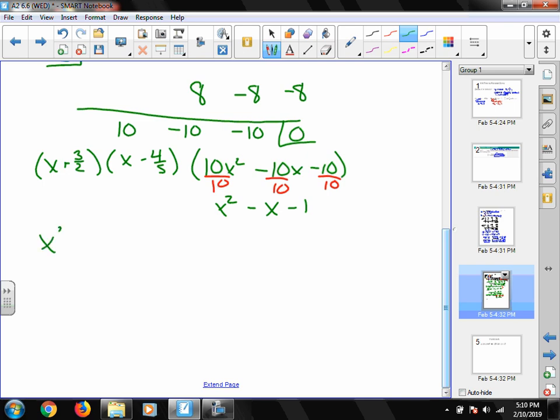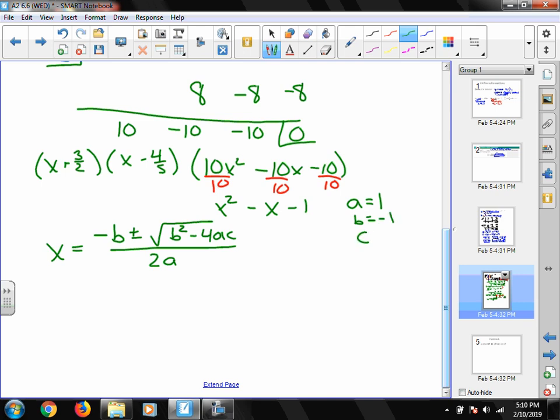Quadratic formula. You guys all know the song. Negative b plus or minus the square root of b squared minus 4ac all over 2a. And list out my a, b, and c. So a is 1, b is negative 1, c is negative 1.